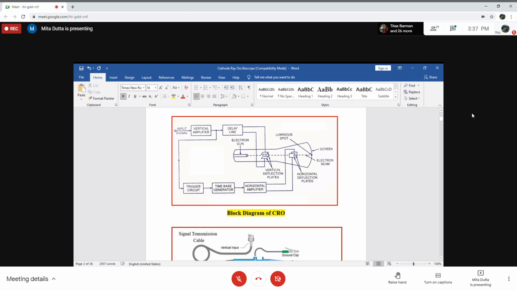So this is how we can represent a signal on the scope screen.